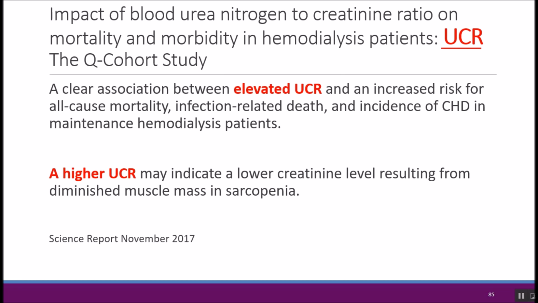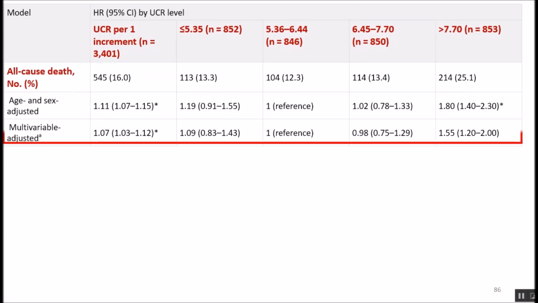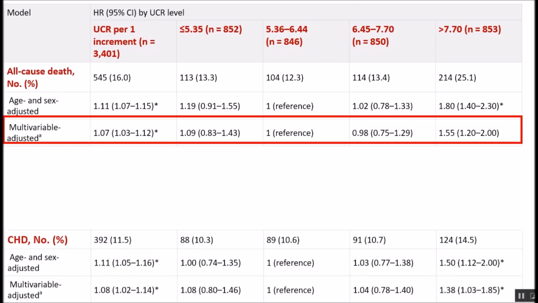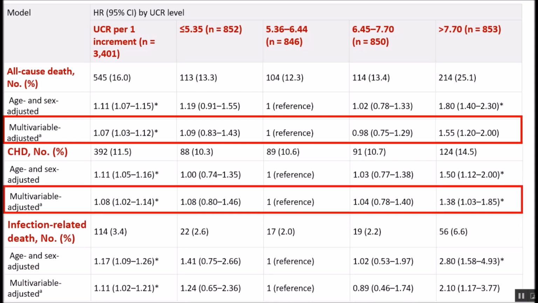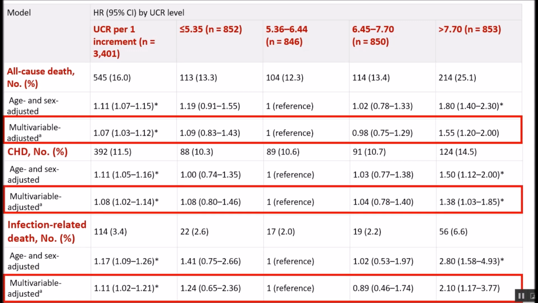There is a clear association between an elevated urea creatinine ratio and increased risk for all-cause mortality, infection-related death, and the incidence of coronary heart disease. A higher urea creatinine ratio may indicate a lower creatinine level resulting from diminished muscle mass in sarcopenic patients, and it is related to all-cause mortality, coronary heart disease, and infection-related disease. With a ratio above 7, you have an extreme risk of death.